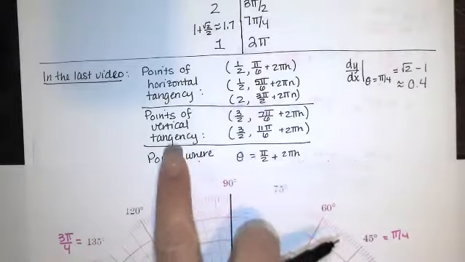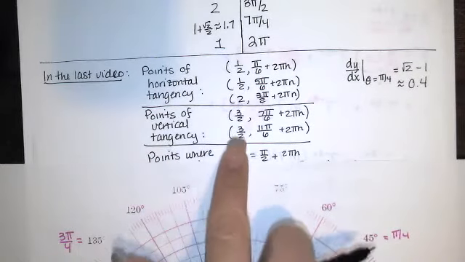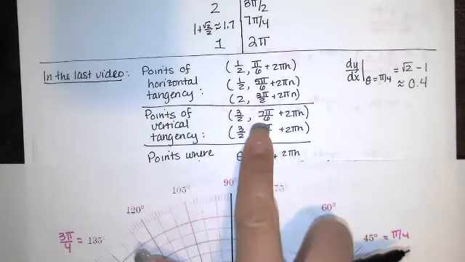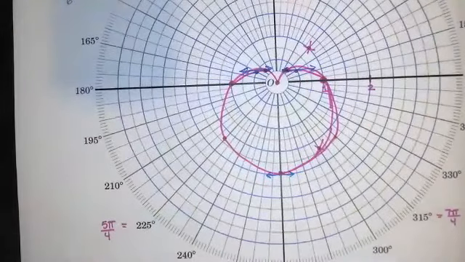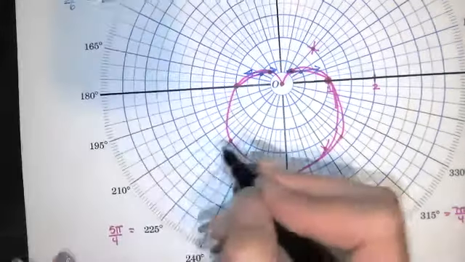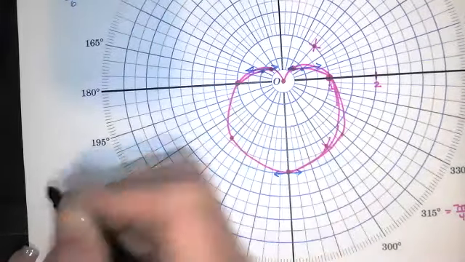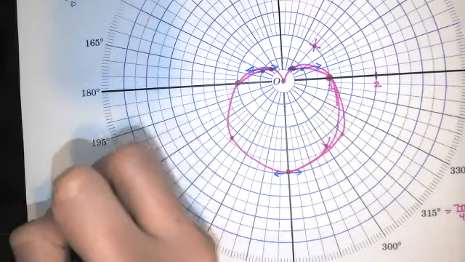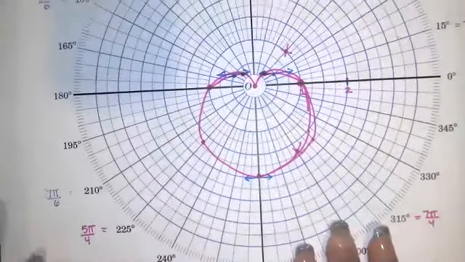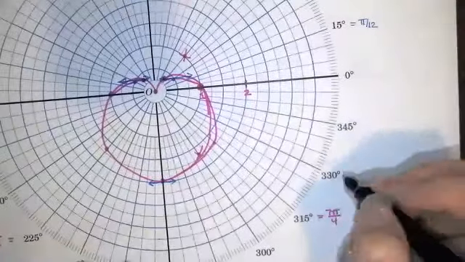Then we found these points of vertical tangency. R is equal to 1.5, and theta is equal to 7 pi over 6 and 11 pi over 6. So let's see. 7 pi over 6 is right here. And 11 pi over 6 is right here.